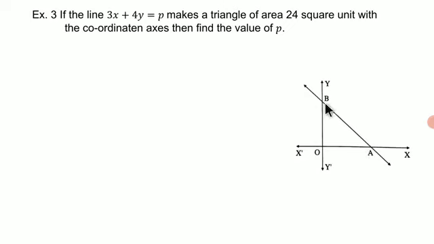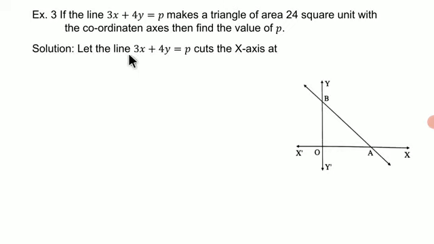Here, if we consider the required line cuts x-axis in point A and y-axis in point B. Here the given equation of this line AB is 3x plus 4y is equal to P. And the area of this triangle OAB is 24. So, in the solution, let the line 3x plus 4y is equal to P cut the x-axis at point A (h, 0) and y-axis at B (0, k).